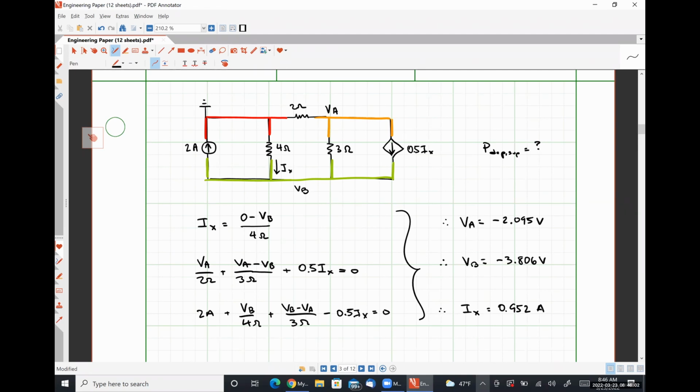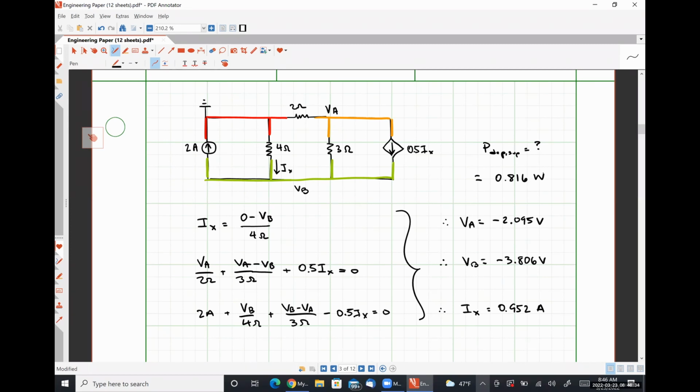And the power supplied by my dependent source would be 1/2 IX times VA minus VB. I get to be 0.816 watts, which matches the result that I got choosing the bottom node as my reference.